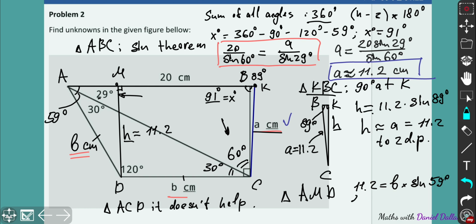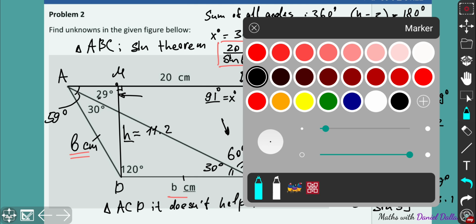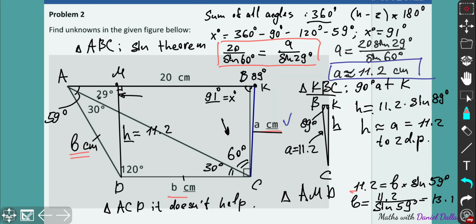From where we can figure out B as 11.2 over sine of 59. If we calculate that, we'll get 13.1 centimeters, and this is the target value for the other side that we're looking for.